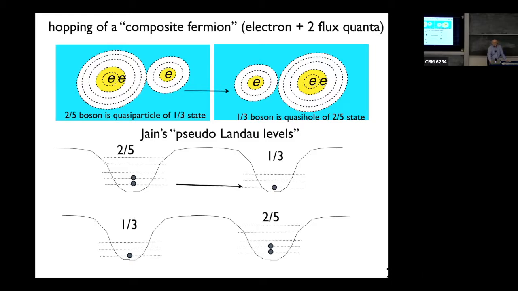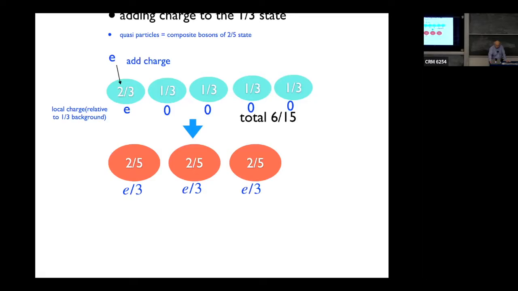Some of the unit cells have a different charge from the others because that's where the extra electron went, but then it can hop around. That was a picture showing the consistency: you stick an electron into the 1/3 composite boson and make a 2/3 object, but that's unstable, splitting into 3 2/5 objects, each of which carries 1/3 of the extra charge.